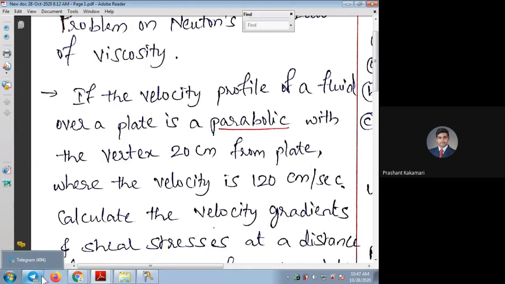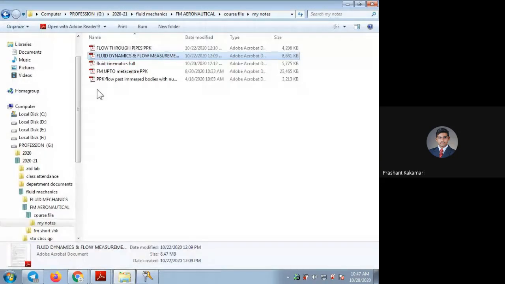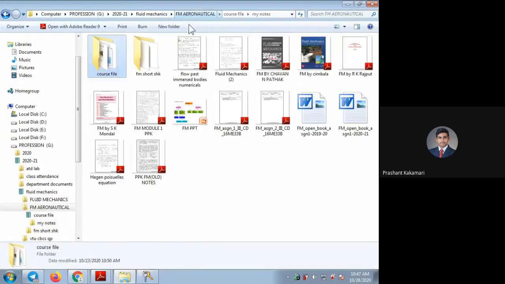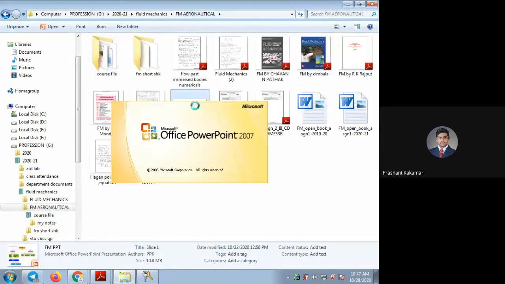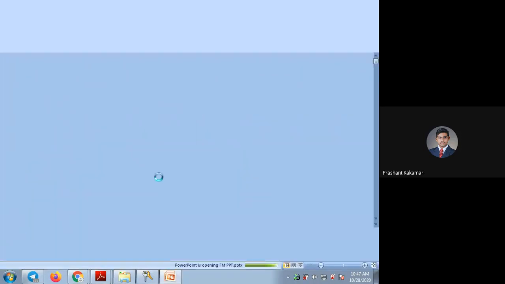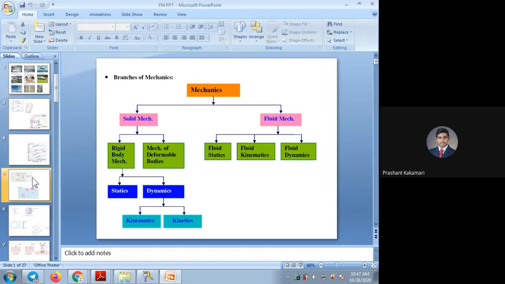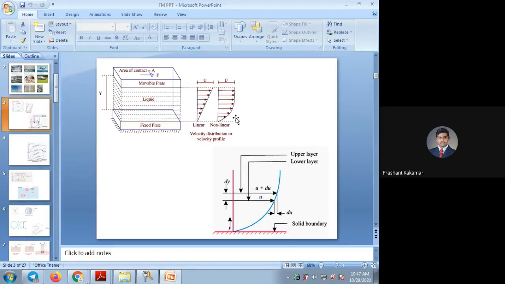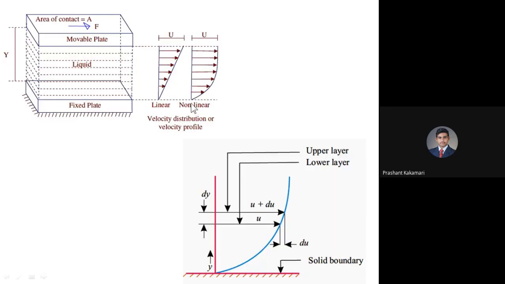So that parabolic shape you can recall from the concept you learned in Newton's law of viscosity. Here you can observe the parabolic shape. There may be different conditions also. See the profile of the velocity.